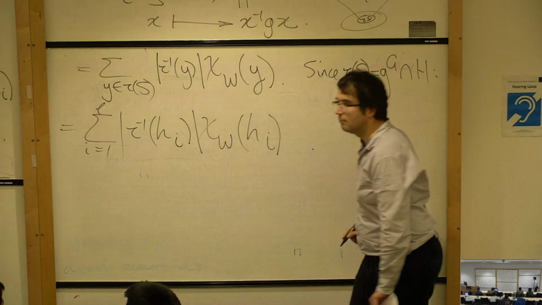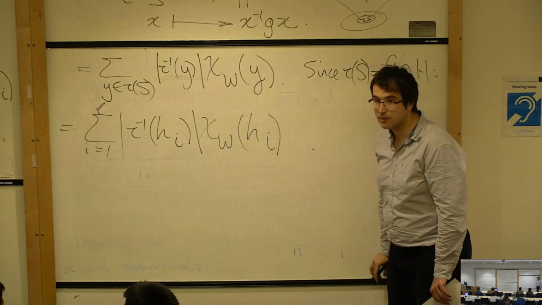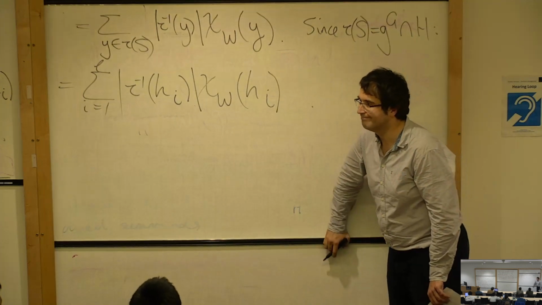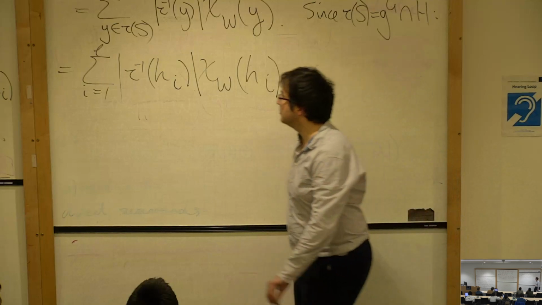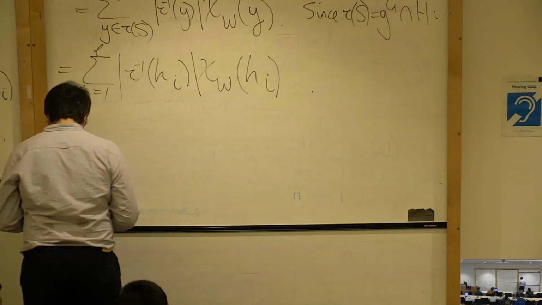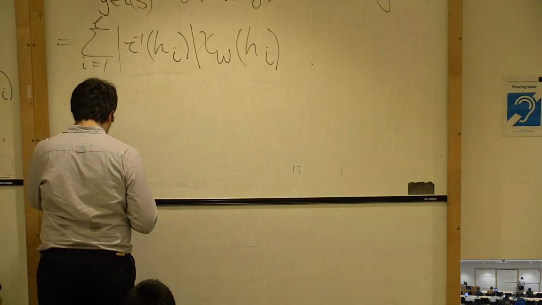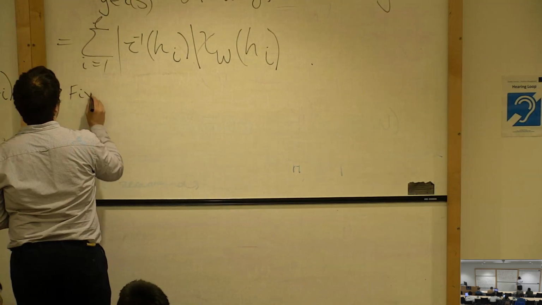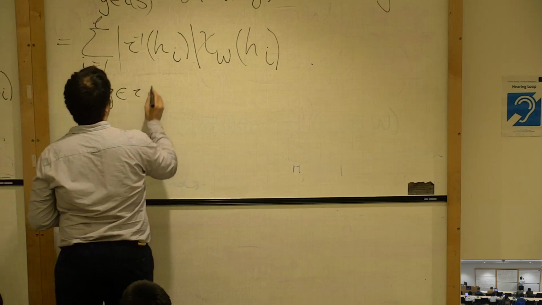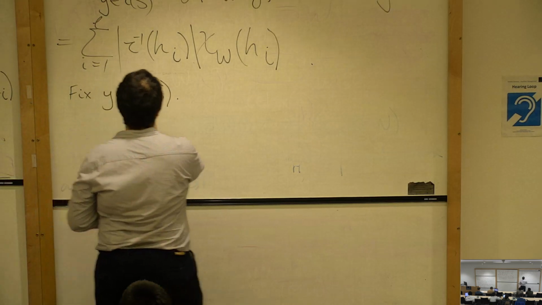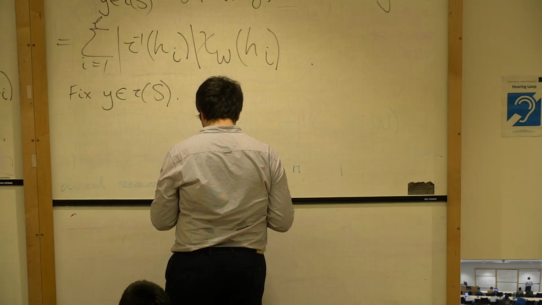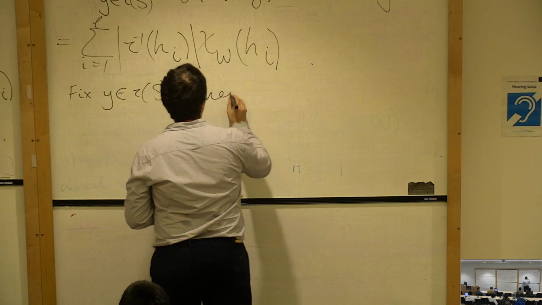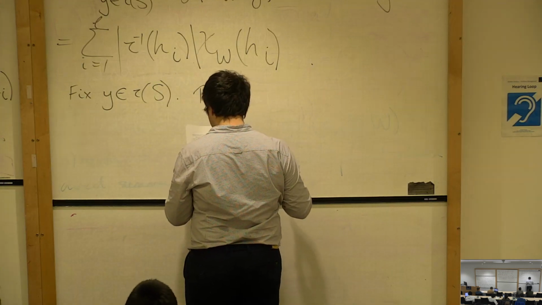Like this. So it really just comes down to the size of each fiber. Okay, and that's the different thing. So now let's compute the size of the fiber. Well, fix y in tau of S. Maybe something else is in the fiber of y, then disaster.